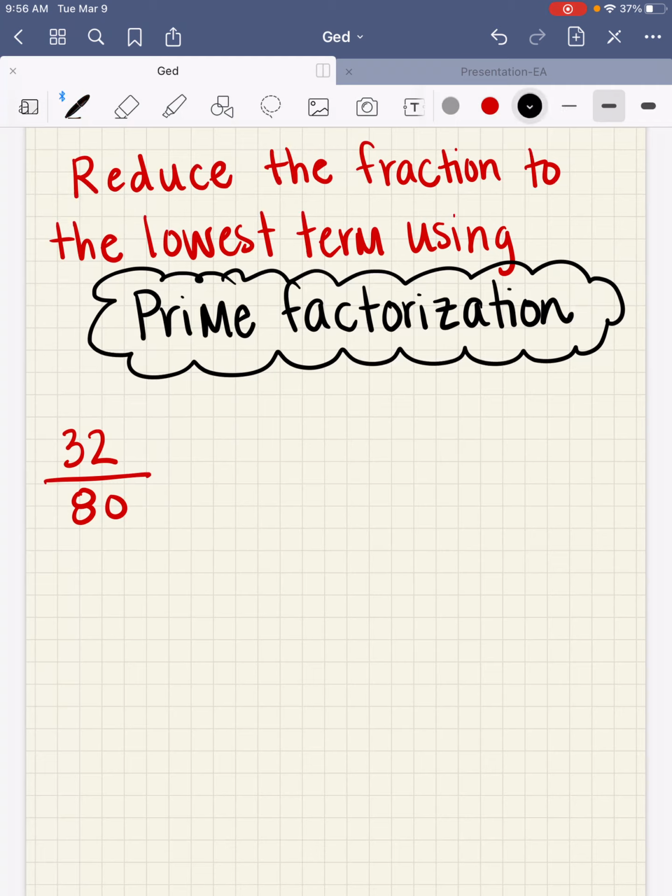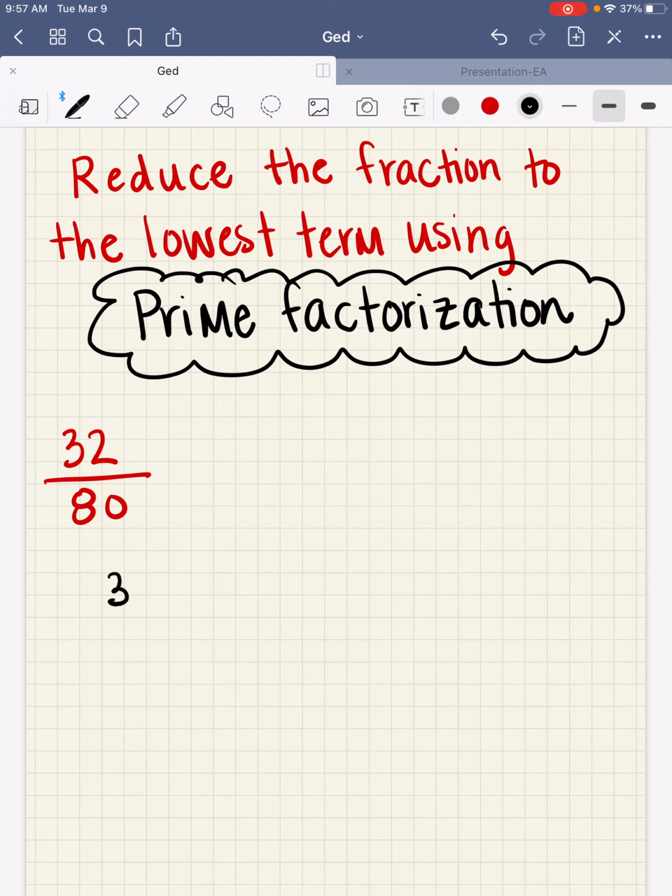So the first thing I'm going to do is complete the prime factorization for both 32 and 80, and then I'm going to compare them to help us figure out what is the greatest number that we can evenly divide into both 32 and 80.